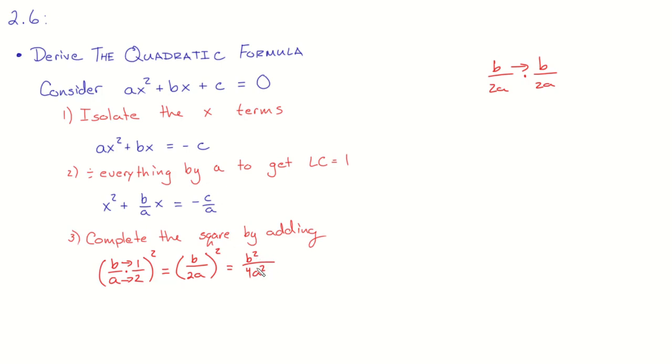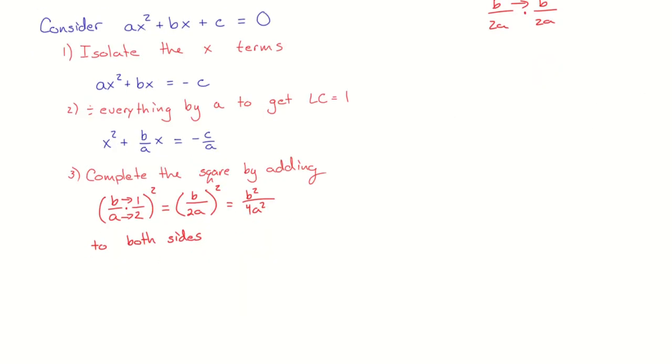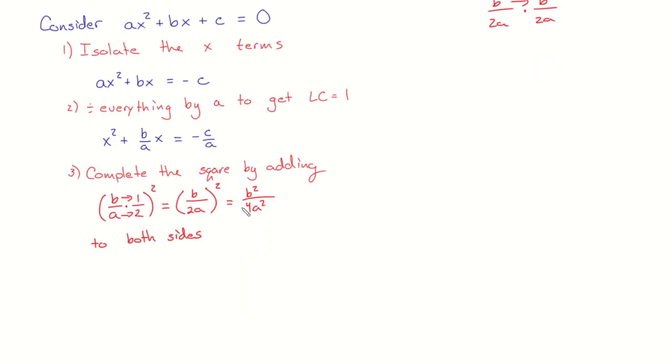Okay, I'm going to add this to which side? Are we messing with one side or are we kind of dealing with both? Both sides. The only reason I'm asking is because we either have the option of add a 0 or add it to both sides. And this is a both sides situation because we're not trying to keep one side anything. Okay, so here we go. I'm going to add this b squared over 4a squared to both sides of this equation.